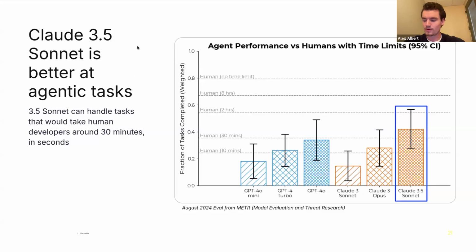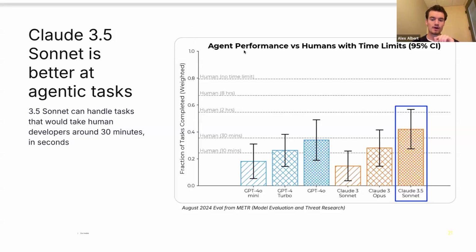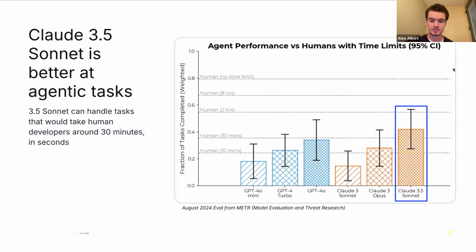And that's really the most important takeaway here that I want to get across: we're making this transition from models that do single action chains to models that can now plan on long time horizons. As you can see in this chart here, we have categorized models in terms of how they perform versus a human with time limits.